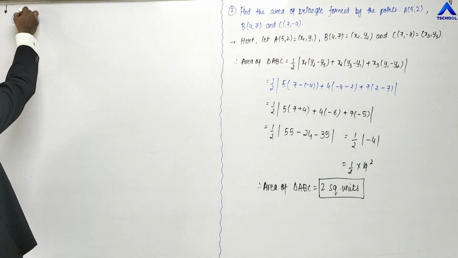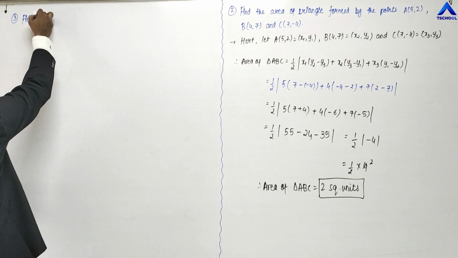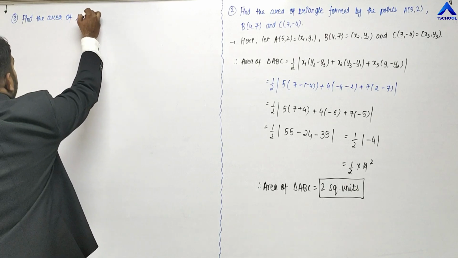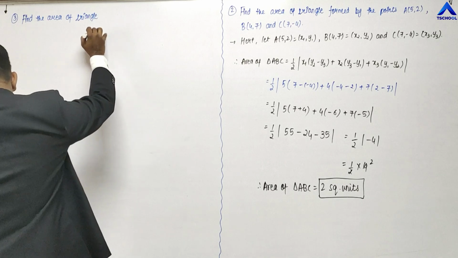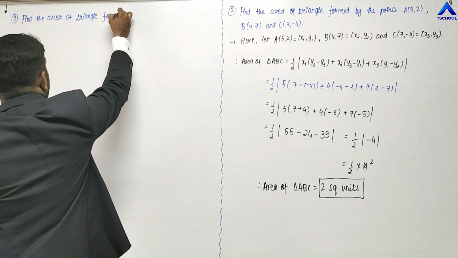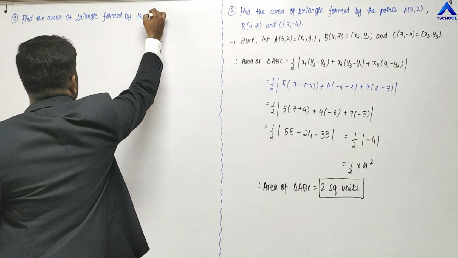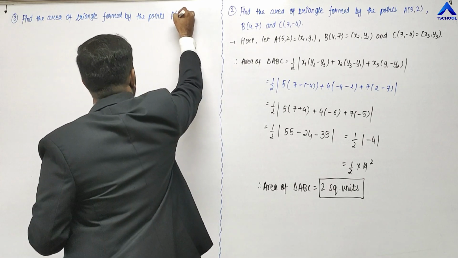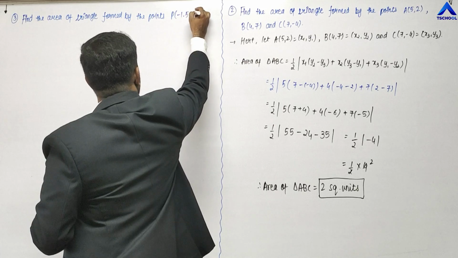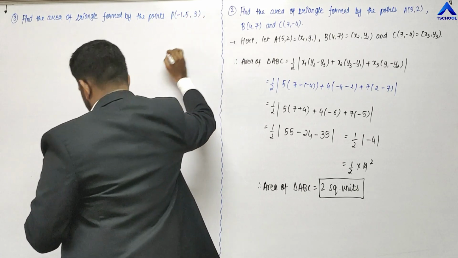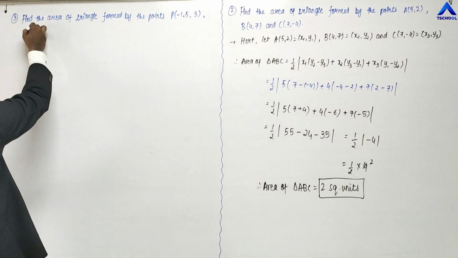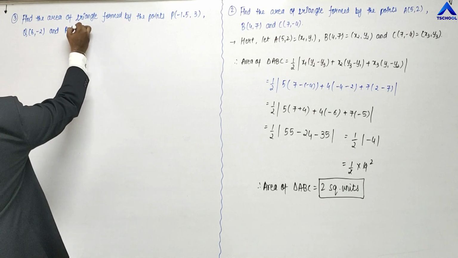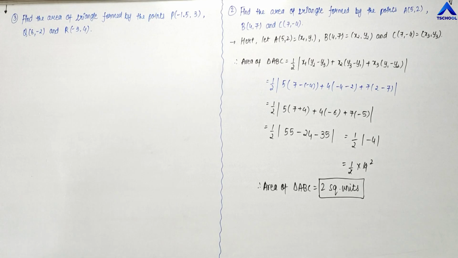Find the area of triangle formed by the points P (minus 1.5, 3), this is 1.5, friends, Q (6, minus 2), and R (minus 3, 4).